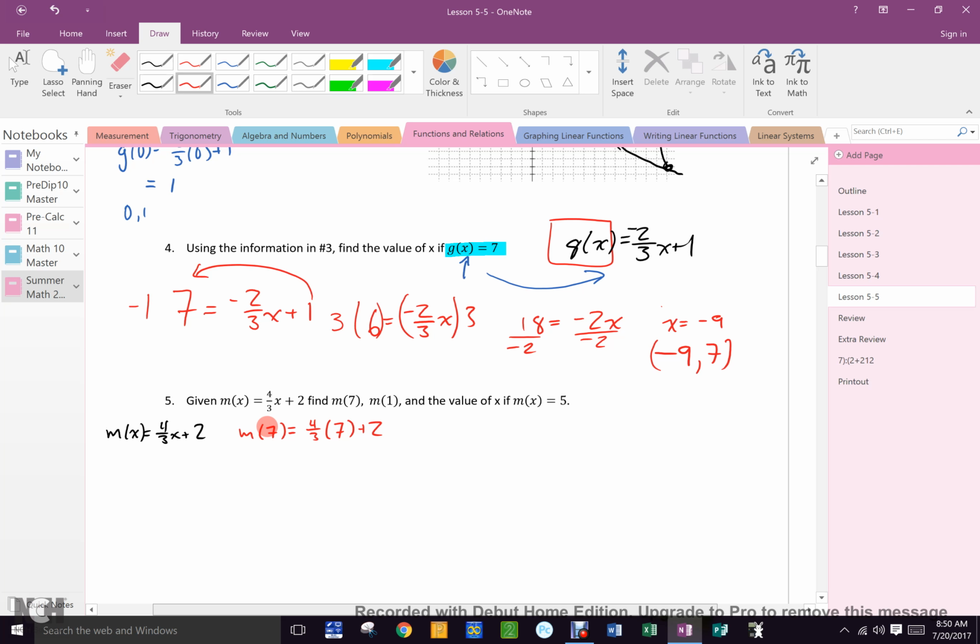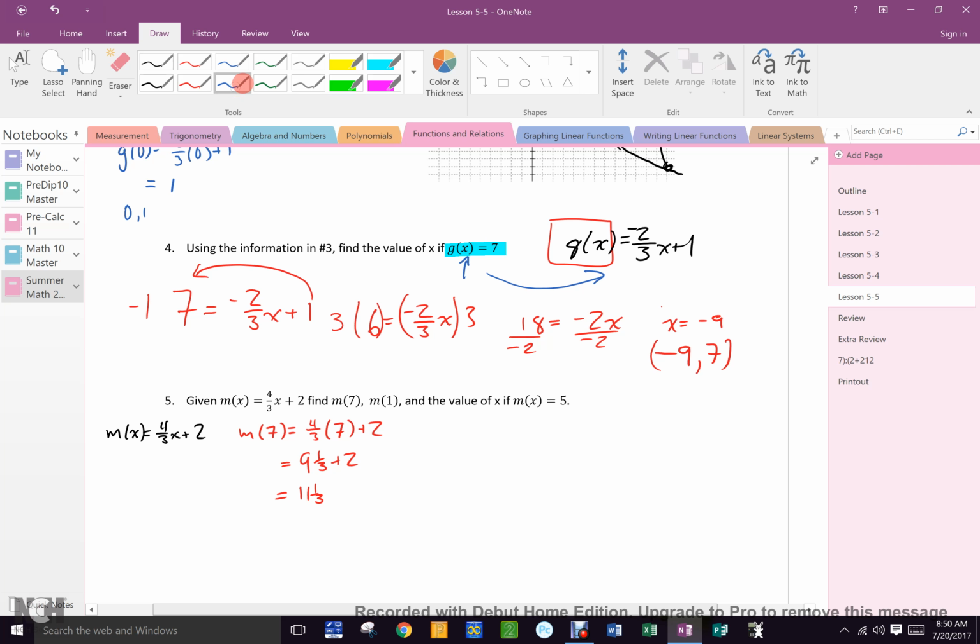Everybody with me? Okay, that's 28 over 3, yes? Right? Which is 9 1/3, correct? 9 1/3 plus 2 is what? What's 9 plus 2? So this must be 11 1/3. Is everybody good? Yeah?